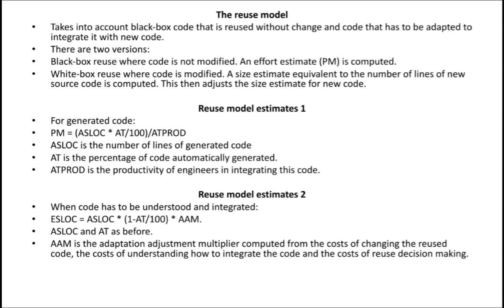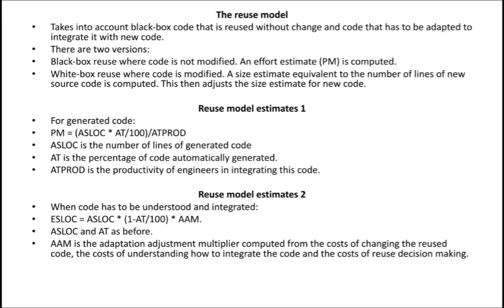ASLOC and AT are as before. You already seen what is ASLOC and AT. The AAM is what? AAM is the adoption and adjustment multiplier computed from costs of changing the reused code. So these multipliers are going to be calculated using the costs of changing the reused code. Based on that they are going to calculate.